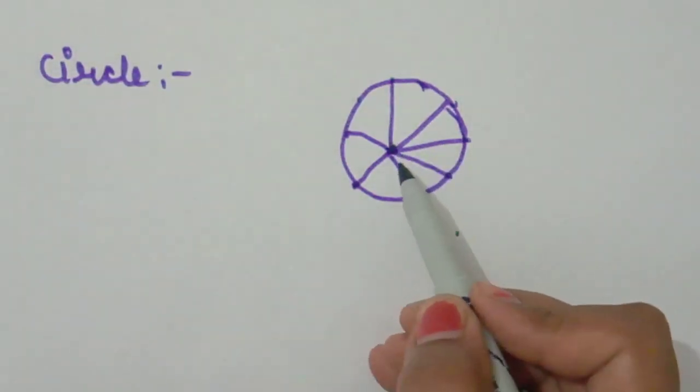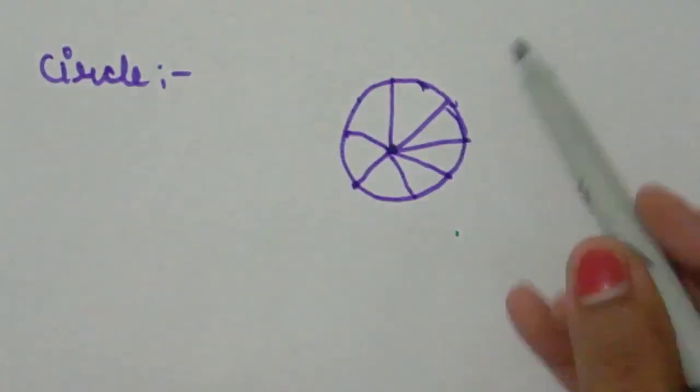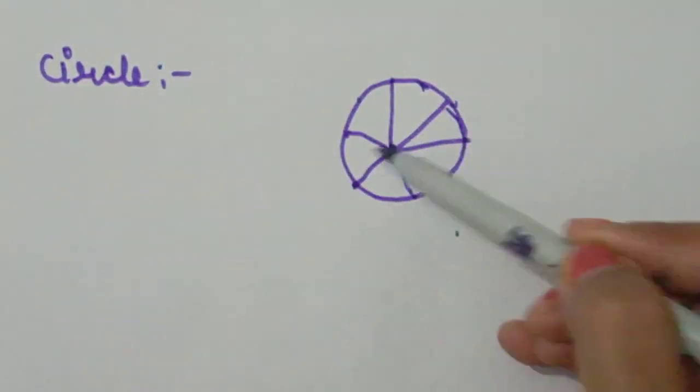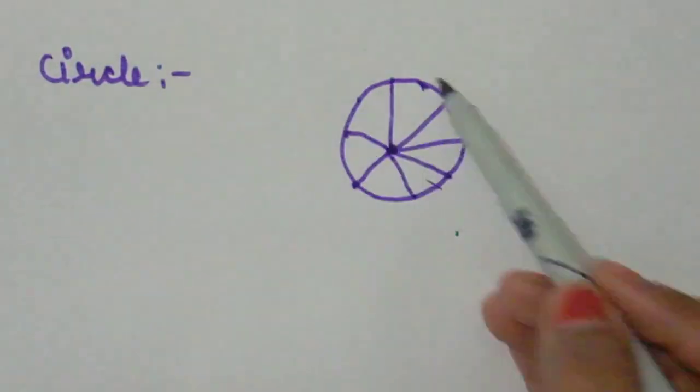It means, what is the definition of the circle? The collection of all points which are present at a fixed distance from a fixed point.